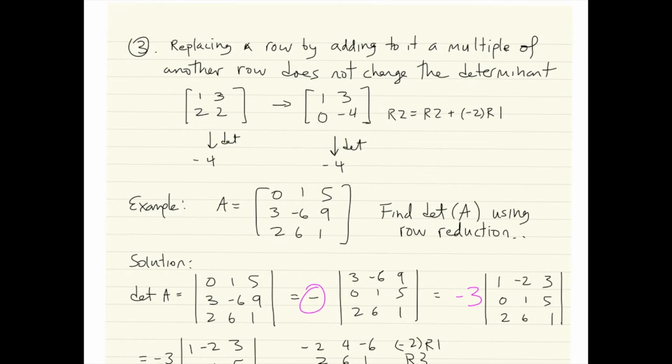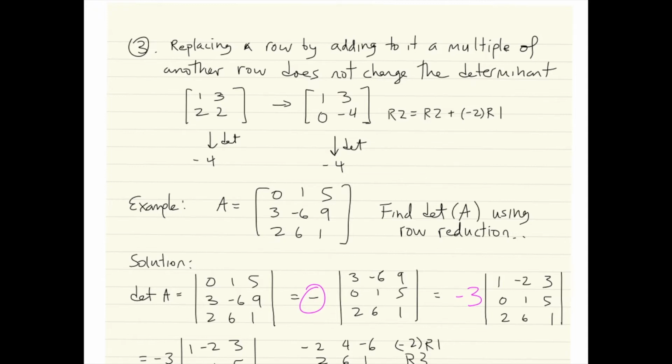Finally, the third elementary row operation was replacing a row by adding to it a multiple of another row. And the good news here is that that does not change the determinant at all. So here we start off with a matrix that had determinant -4, and we replace row 2 by adding to it -2 times row 1.